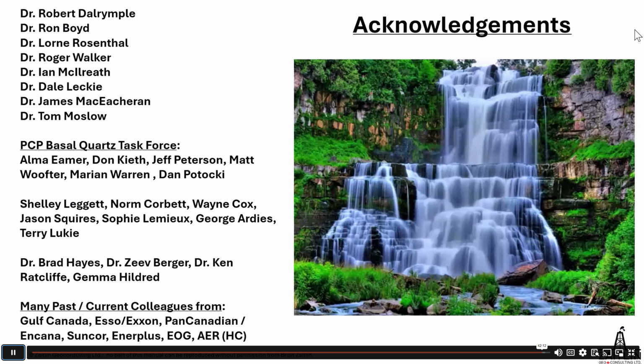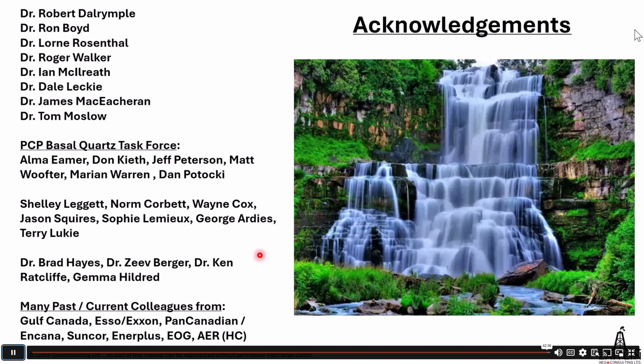This is just a partial list of the people, and like anything else, it takes a community to raise a geologist, sort of thing. And all of these people in one way or another have had a major impact over the last 40 odd years in trying to understand what's happening.